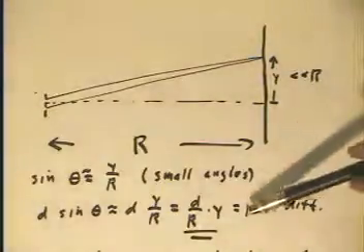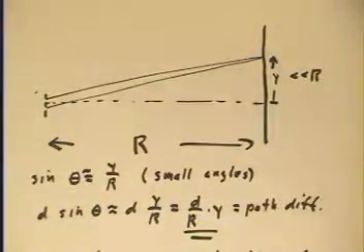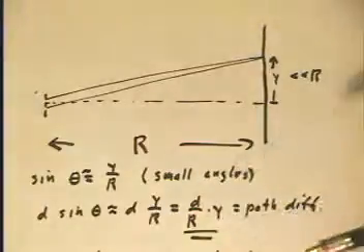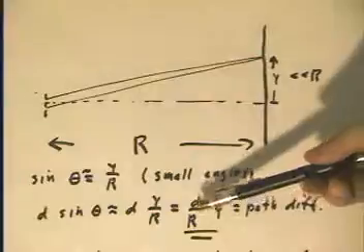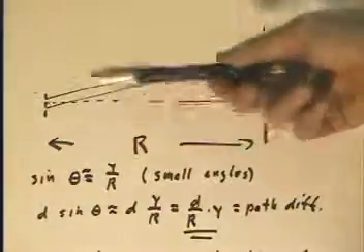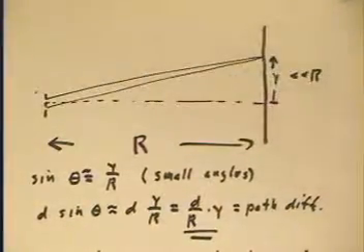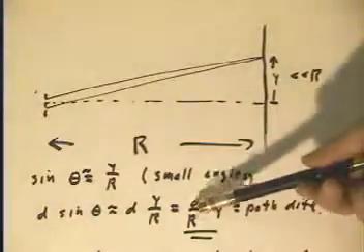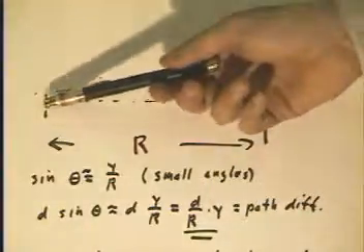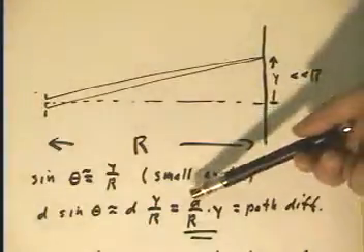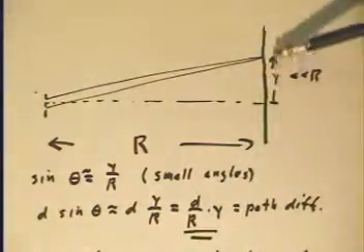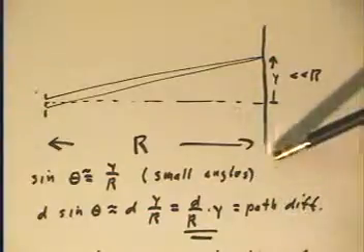Now that path difference is usually pretty tiny, because what's d over r? d is the separation here, r is this distance here. d over r is a very small number because d is very much smaller than r. We multiply that very small number times y, our distance here, and we get the path difference.